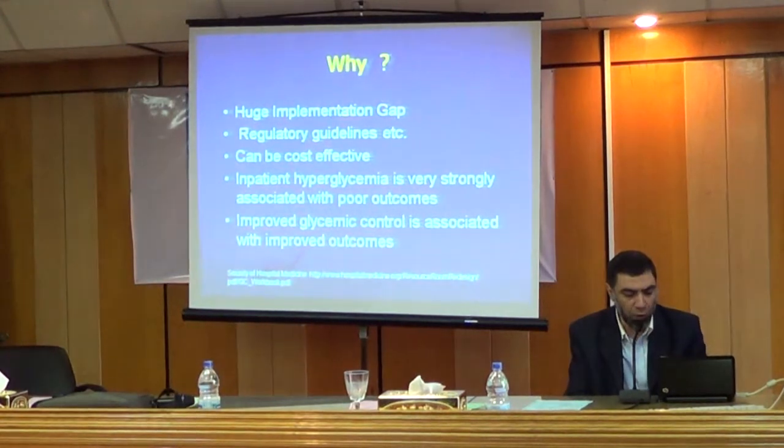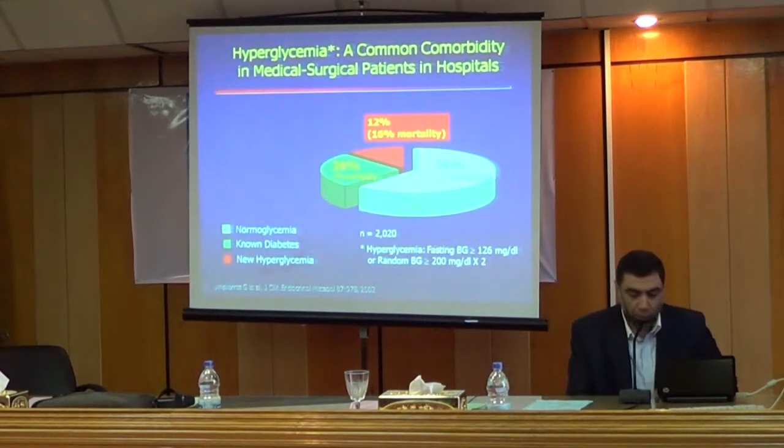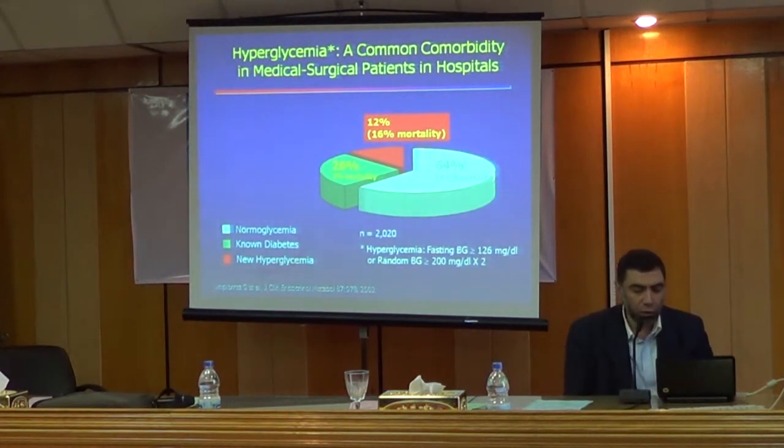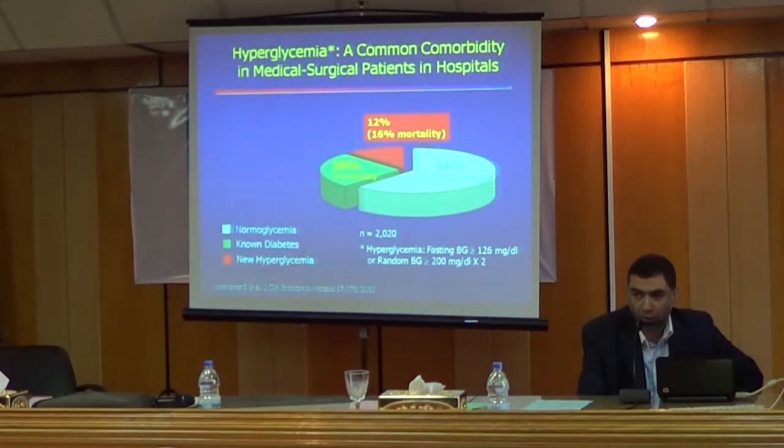Improved glycemic control is associated with improved outcomes. You may look at this slide. It shows the critical care admission in medical and surgical patients in hospital. Around 64% of admissions are euglycemic. The mortality is almost 1.7%.